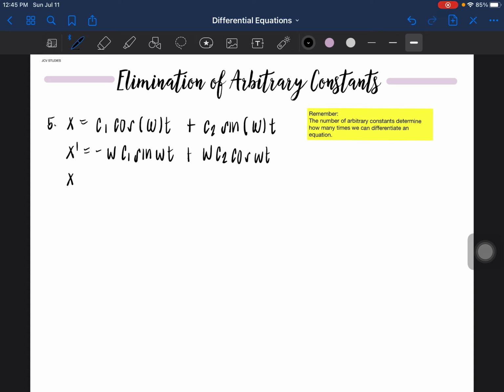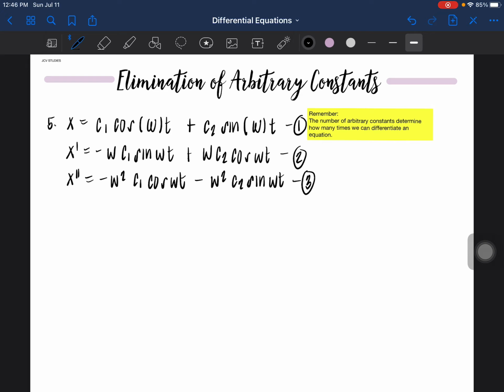And the second derivative is going to be equal to negative omega squared c sub 1 cos omega t minus omega squared c sub 2 sine omega t. So we'll let this be equation 1, equation 2, and equation 3.